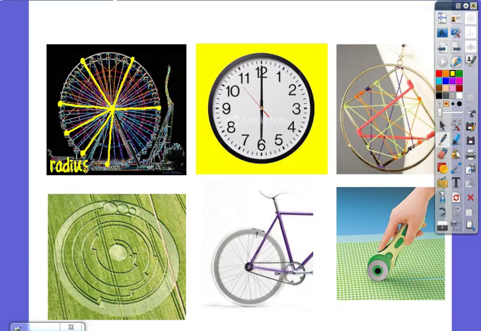If you have more than one radius drawn on your picture, sometimes you'll hear them say radii. It's plural for radius. The second one I thought was a good picture. If it's exactly 6 o'clock, you're going to see a diameter of the circle. Diameter.